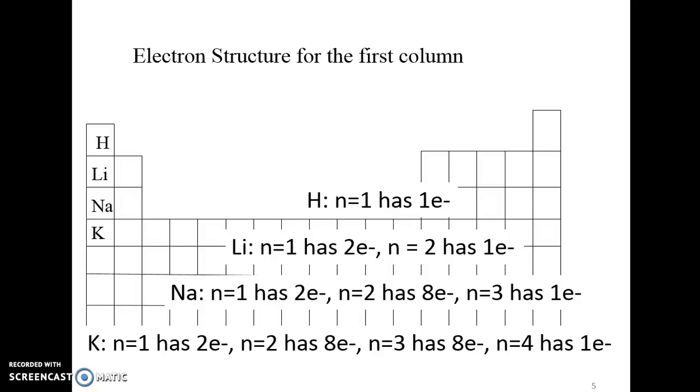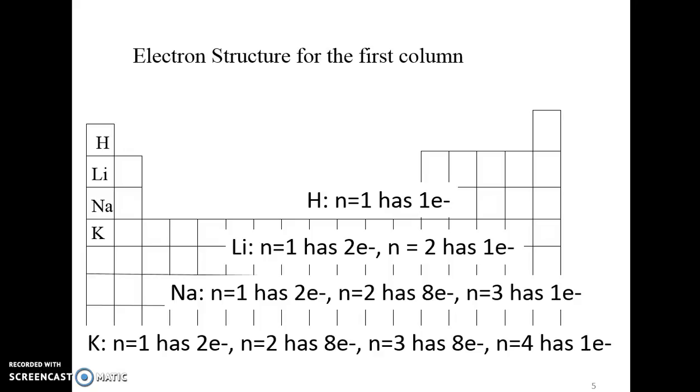Hydrogen, which has an atomic number of 1, meaning 1 proton, has 1 electron in the atom when it's neutral. Where is that electron? It's in N equals 1. Electrons always go to the lowest possible energy place, and the lower the N number, the lower the energy.